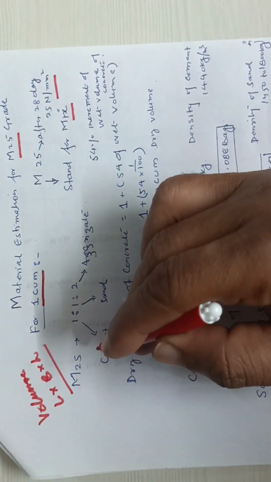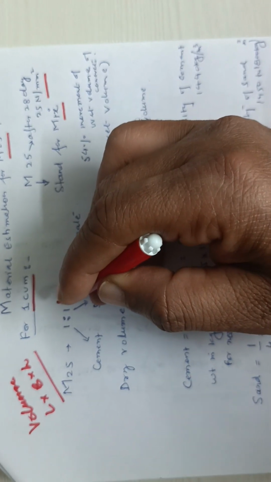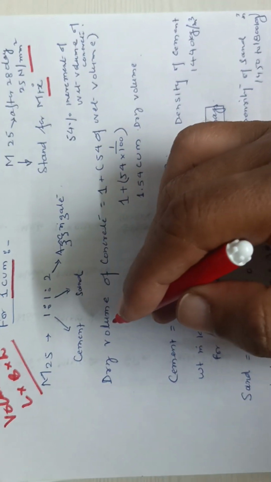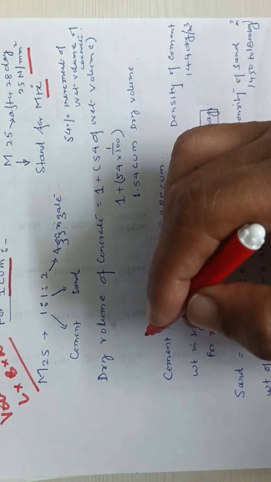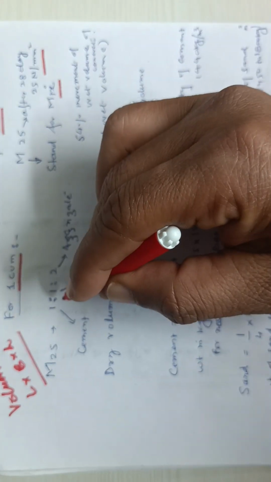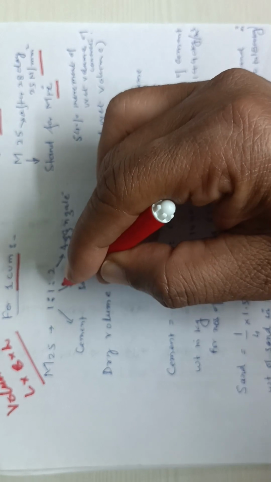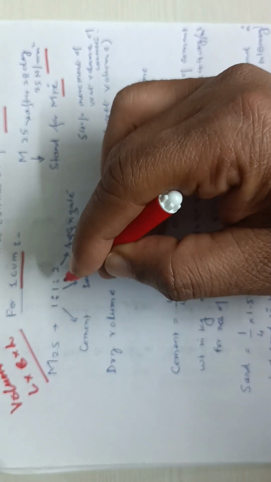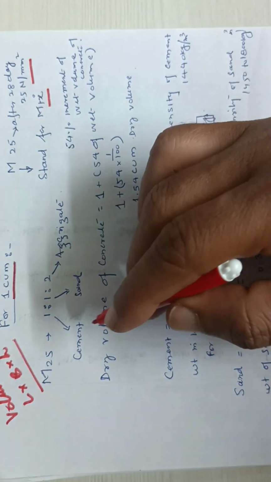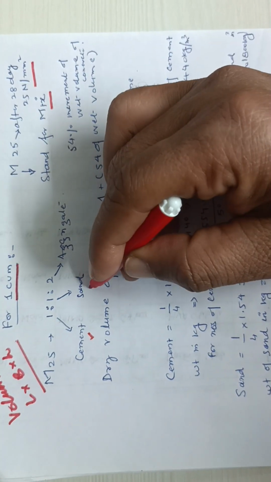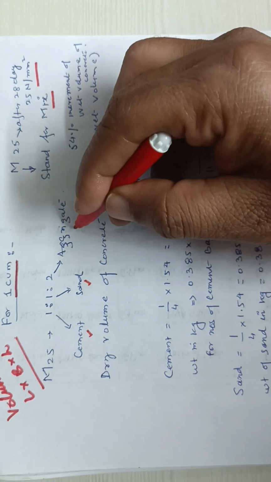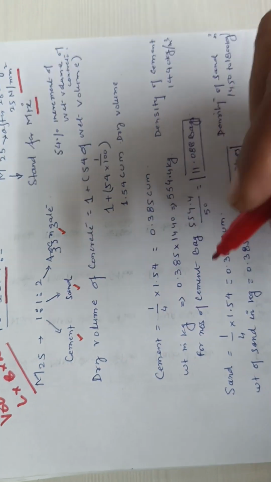Next, as we know, in previous videos I have told you the mix ratio of cement, sand and aggregate. For M25 the mix ratio is 1:1:2. One part is cement, one part is sand and two parts are aggregate.